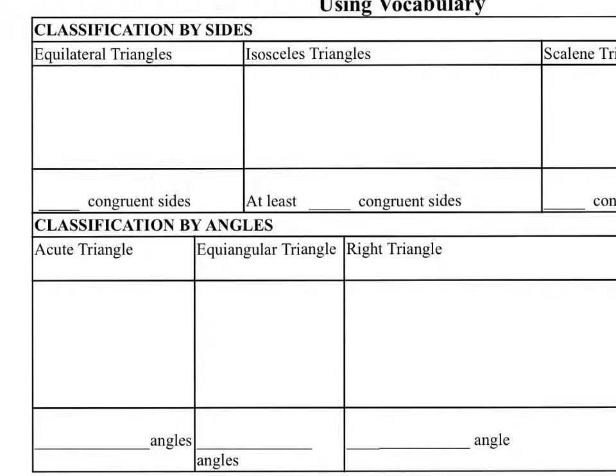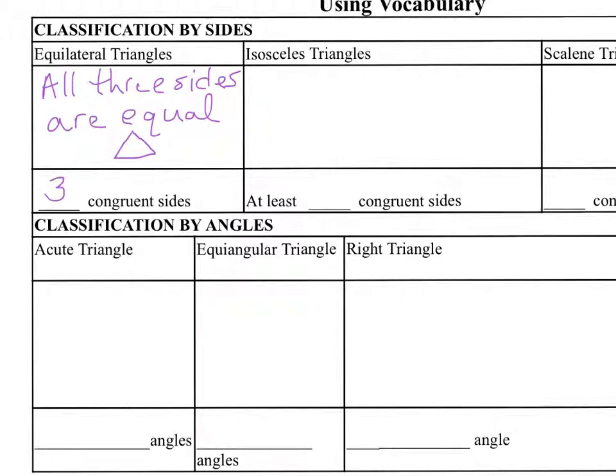Here we go. Equilateral triangles are triangles where all 3 sides are equal. If you'd like to draw a picture there, it's going to look something like that. 3 congruent sides. Isosceles triangles: 2 equal sides.